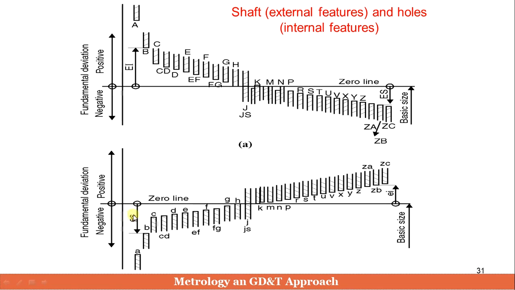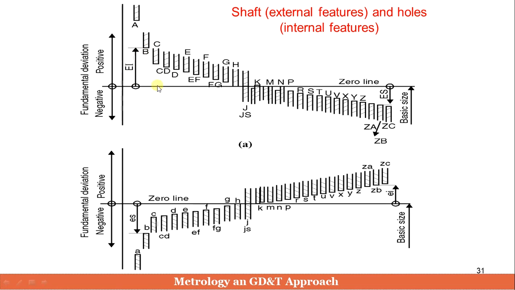Since the shaft is represented by small alphabets, it is a small es, whereas in holes we have capital ES, which represents the upper deviation for the holes, whereas ei, with respect to shaft as well as hole, represents the lower deviation of a shaft and a hole.